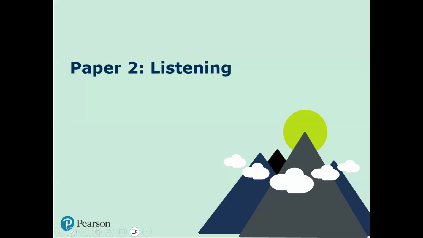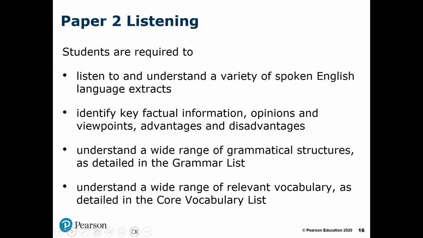Okay, so we've sort of said the general things. We've kind of given that sort of general overview. I'm going to begin now to talk to you a little bit about the listening paper. So for the listening paper, students are required to listen and understand a variety of spoken English language extracts.